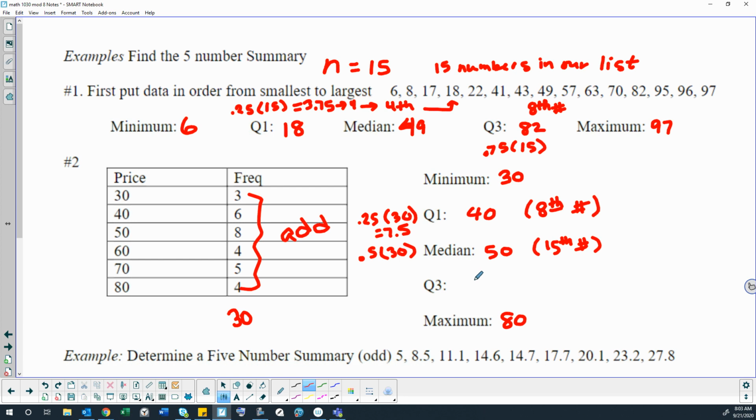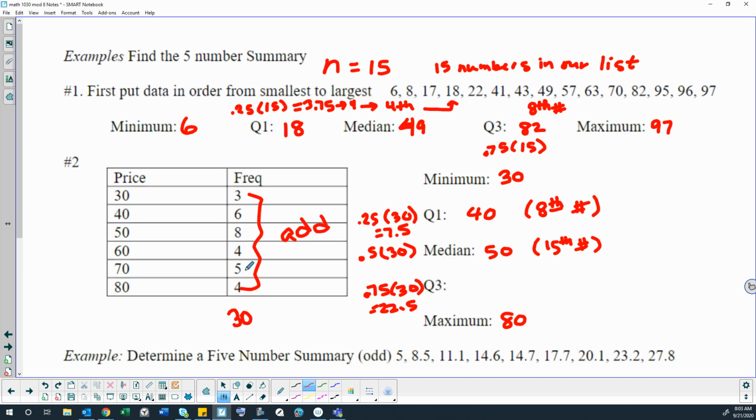Okay, and then quartile 3 would be 0.75 times 30. So 22.5. So that takes us up to 23. So we had 17 to here, we add 4, that takes us to the 21st number.